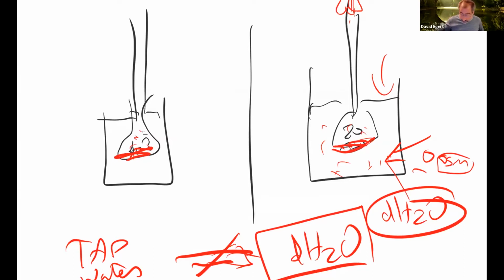So now we're going to do the Osmometer Lab. The first thing is you just get to sit back and relax and watch me assemble everything for 9 minutes.